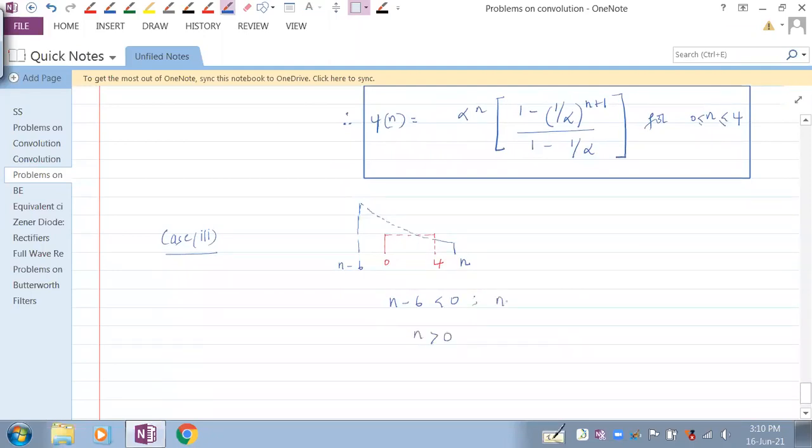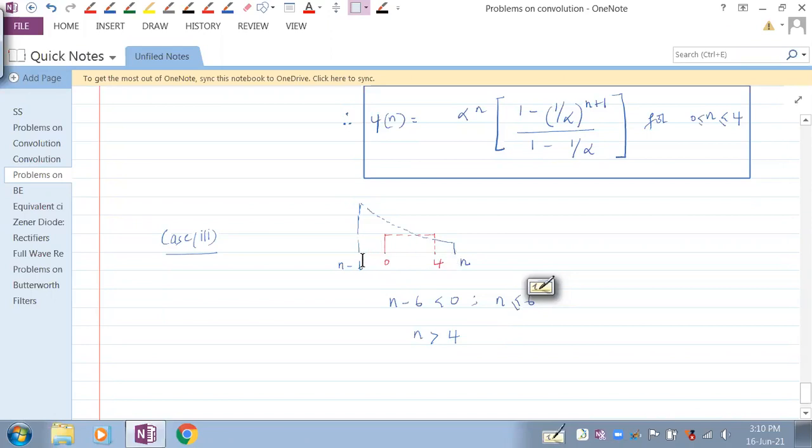So this says n is less than 6, and this says n is less than 4, or n is greater than 4. And this can be greater than, less than or equal to 6. When n is greater than 4, this n minus 6 can come to 0, or it can be less than 0. Fine, because this is a wider signal.